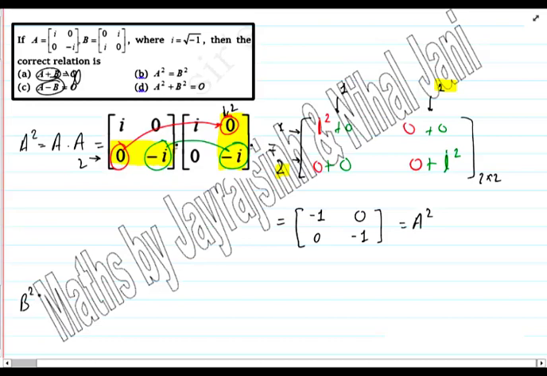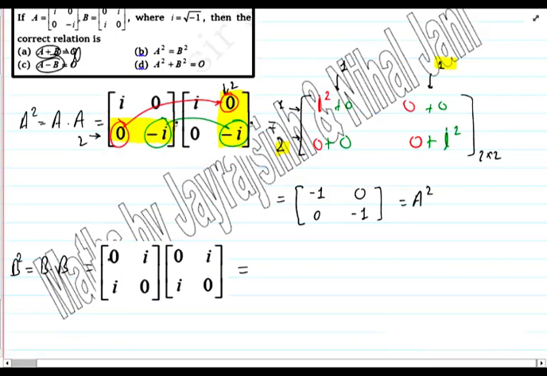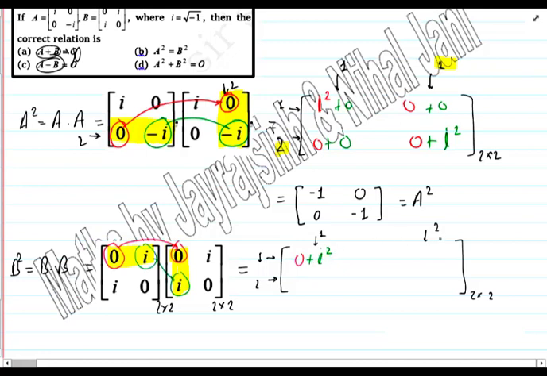And similarly we have to find B square, which is B into B. We have to multiply B with B, which is of order 2 cross 2. The answer is also of order 2 cross 2 with 2 rows and 2 columns, right? So to get the first term, we will multiply the first row and first column and we'll get i square. Then for the second element, in the first row second column, we will select the first row and second column and we will get 0.